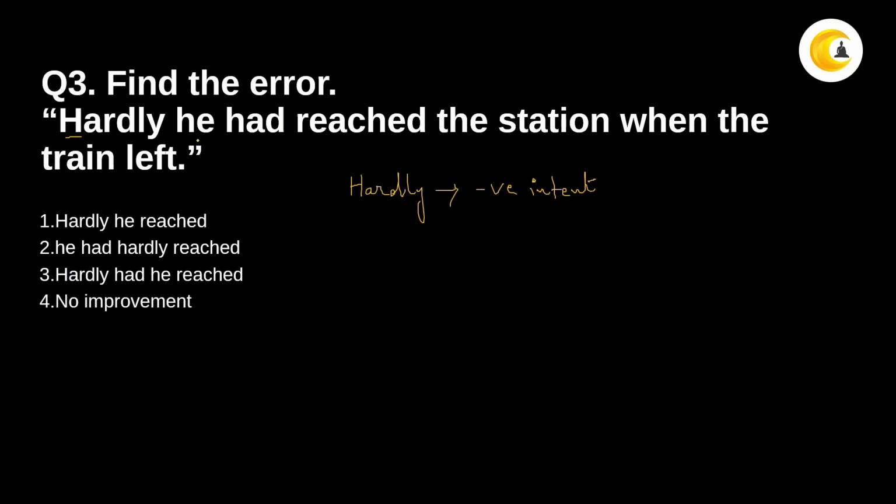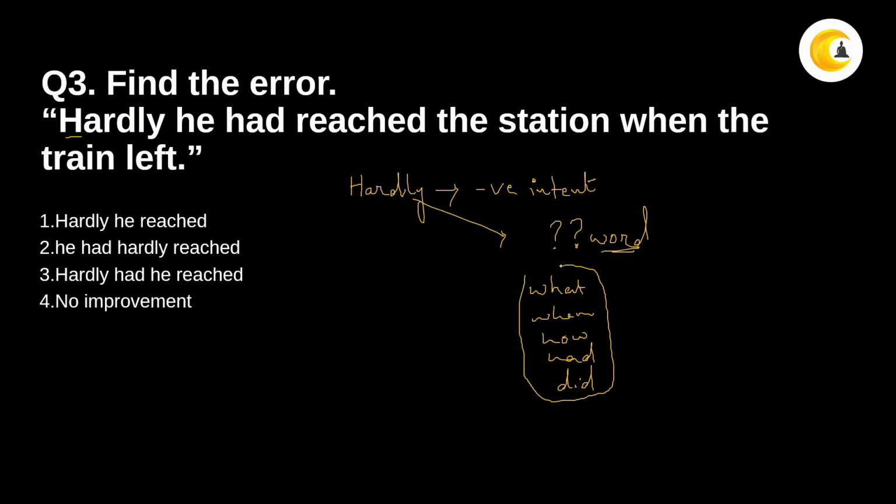Remember this, okay? So if a statement starts with hardly, then it must be followed by a questioning word. It must have a word that is questionable, okay? Something that is questioning, like what, when, how, had, did. Okay, all of these are questioning words, right? These are words which can be associated with question tag.